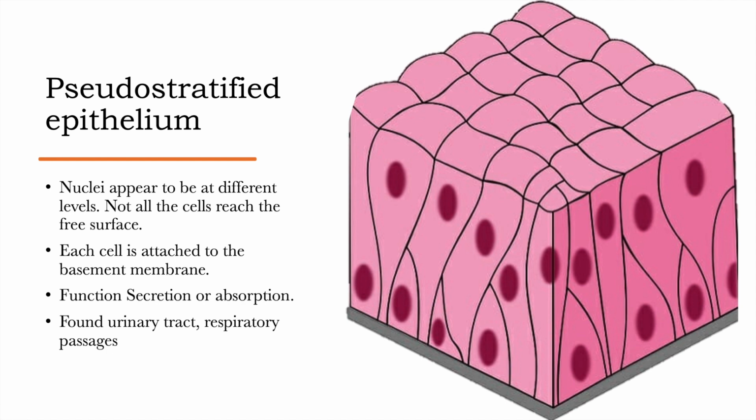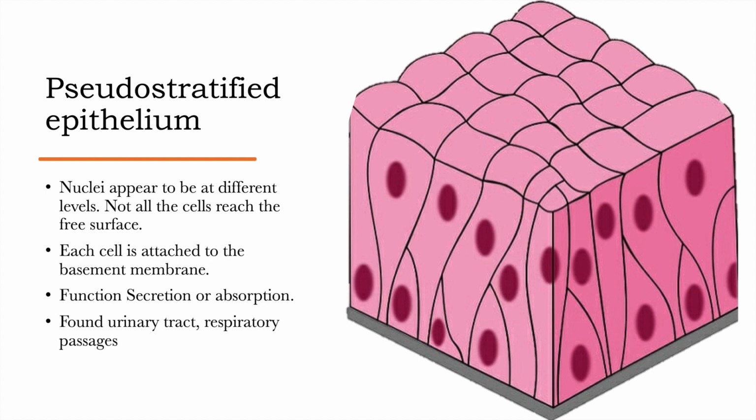So when you look at it, it gives an appearance of an epithelium being on different levels and the nuclei having different layers. But in actual sense, all the cells reach the basement membrane. Nevertheless, the epithelium is one layer of cells, all of them attached to the basement membrane.